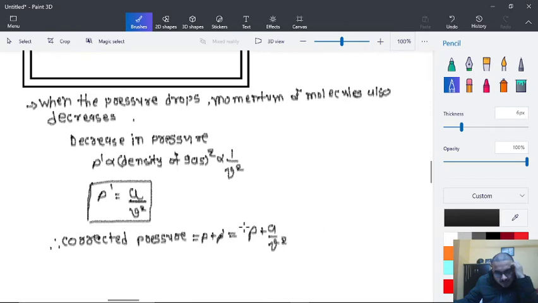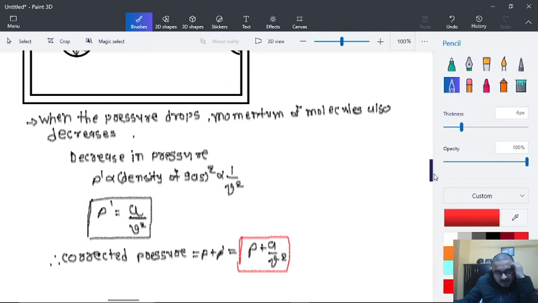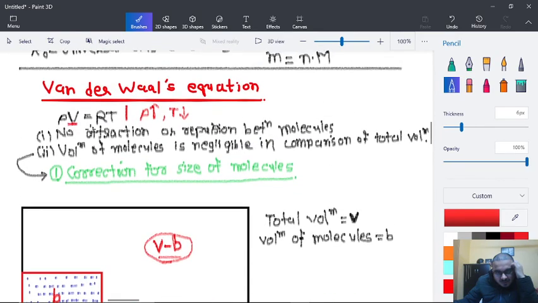So we need to count this one. So when we modify this equation with taking this, that is effectively we are having here V minus B and pressure is P plus A by V square, so we can put it over there.